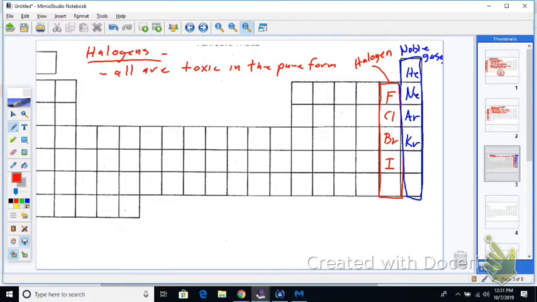Okay? If you notice it, as it comes around, fluorine's a gas, chlorine's a gas, bromine is a liquid at room temperature, but you can see that it doesn't stay a liquid very well because if you look at the container, the outside of the container above the liquid's really brown. And then iodine, you can see a purple tint to it too.